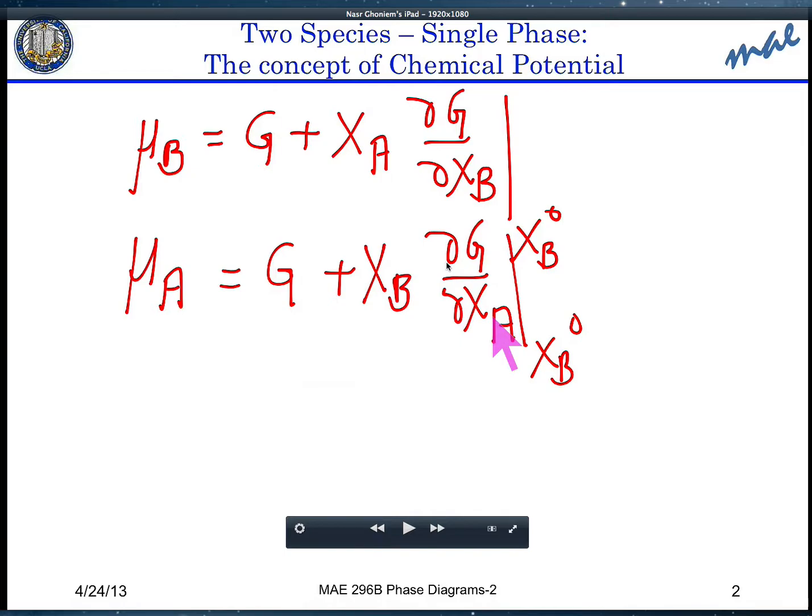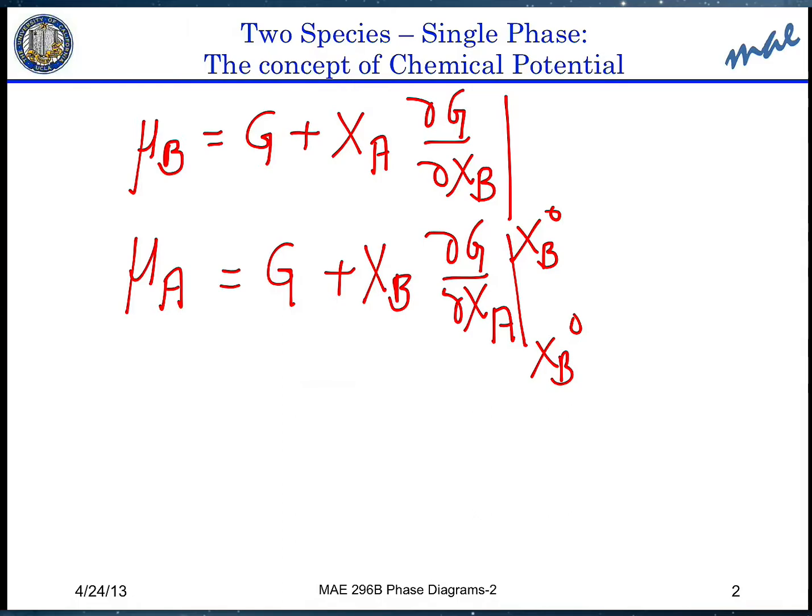So that's a little bit cumbersome because we want to write the equations all in terms of X sub B. So we don't want X sub A. So what we'll do is we will actually remove this and rewrite the two equations immediately.